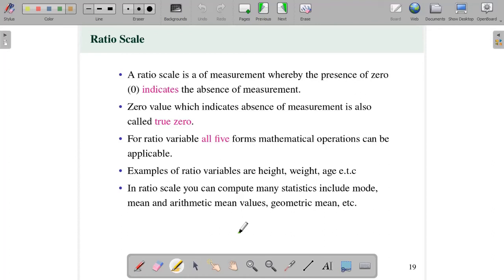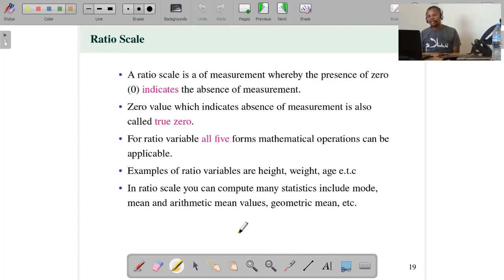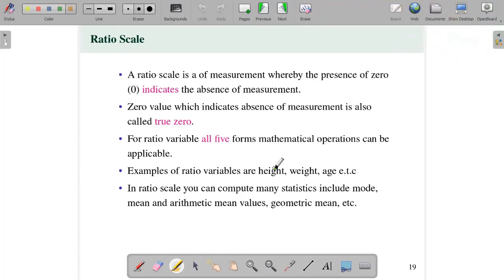And actually, most of the measured variables, 99.99%, are in ratio scales. Because we see the limited examples here from the interval are only temperature and deviation. If you know another example, you may notify me, because up to this moment, I know only those two.